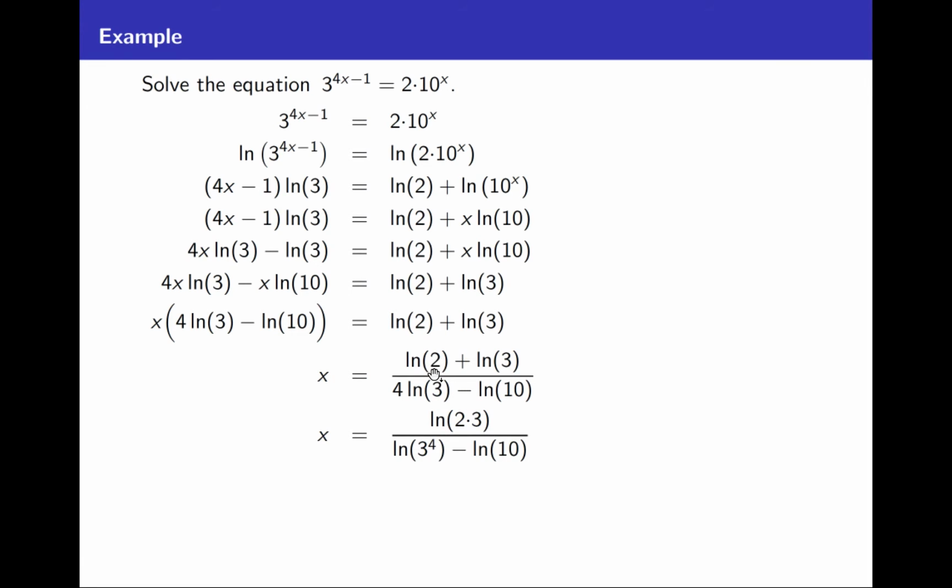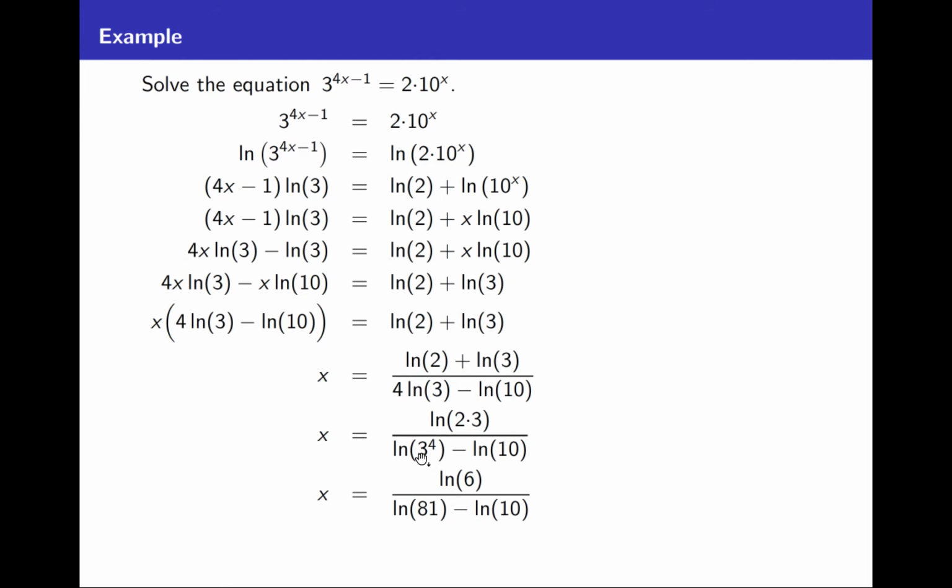On top, this ln of 2 plus ln of 3, with one of our ln properties, is ln of 2 times 3. The 4 ln of 3 is ln of 3 to the 4th. That 4 can go back up as an exponent there. And then minus our ln of 10. And that gives us on top ln of 6.